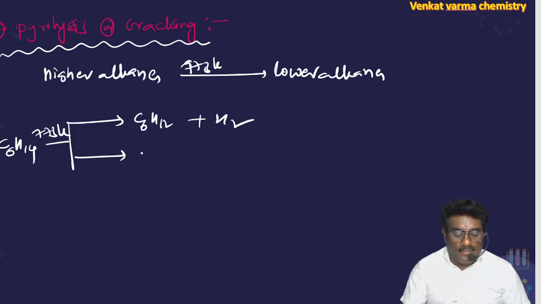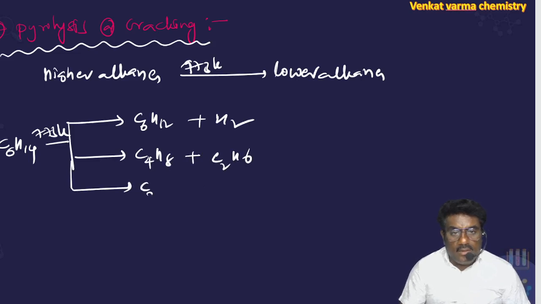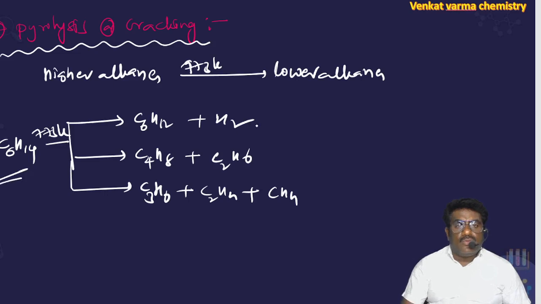Again, C4H8 and C2H6. Again, C3H6 plus C2H4 plus CH4. These are lower alkanes.